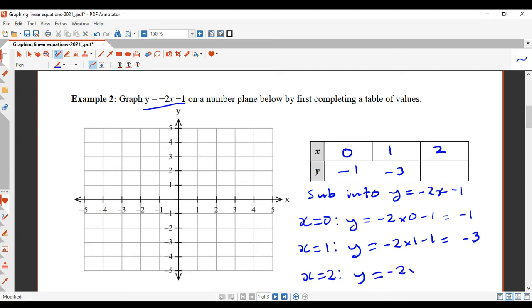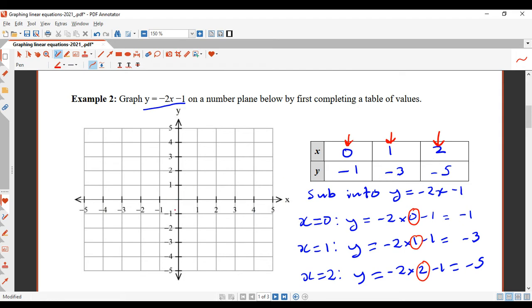That's going to be 2 times 2 take 1 equals 3. Okay, and just remember that those values you're subbing in, so here are my 3 values from the table. So 0, 1 and 2, those are the x values I've put into the equation, okay, to get the matching y values.